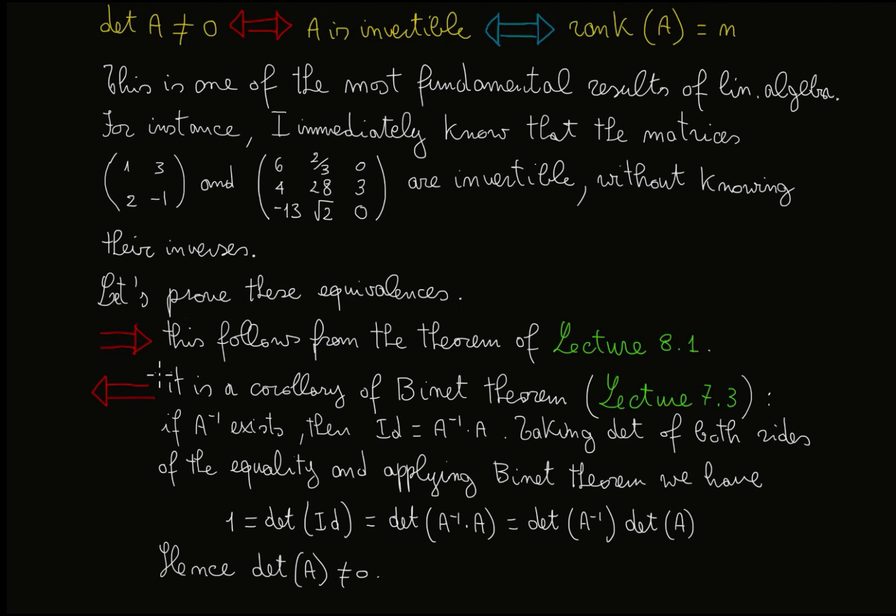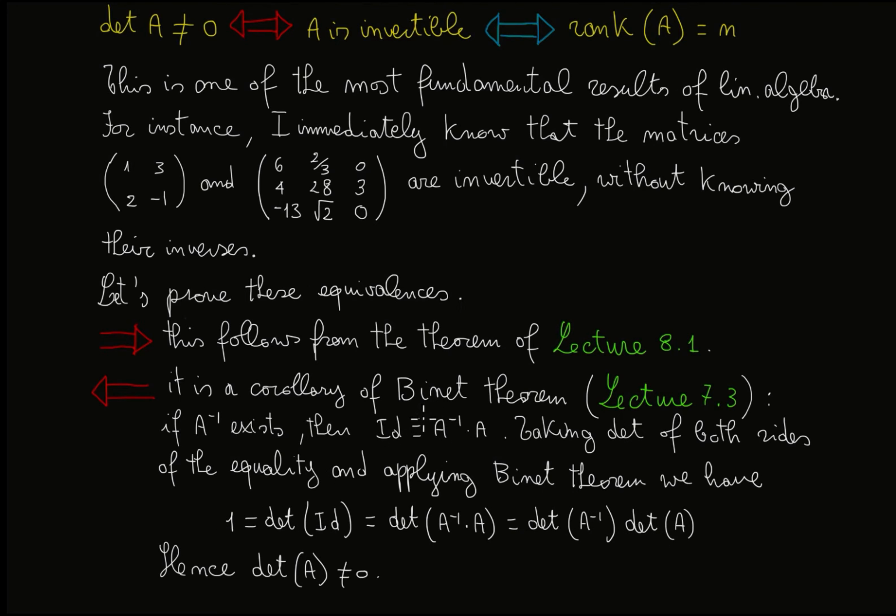The implication in the opposite direction is a corollary of Binet theorem, which we have stated in lecture 7.3. Remember, Binet theorem states that the determinant of a product of matrices is the product of the determinants of each of the factors.